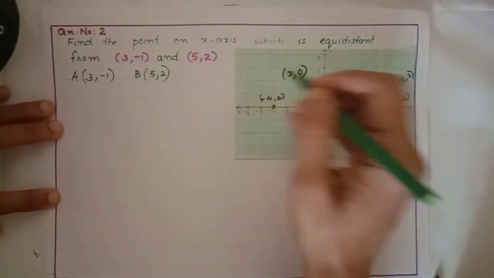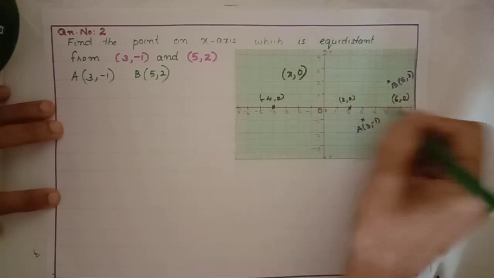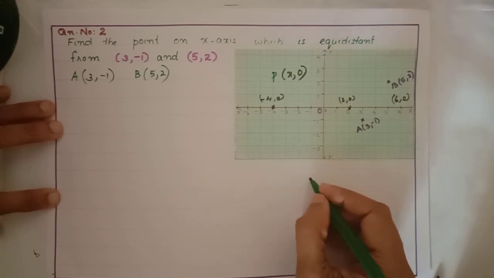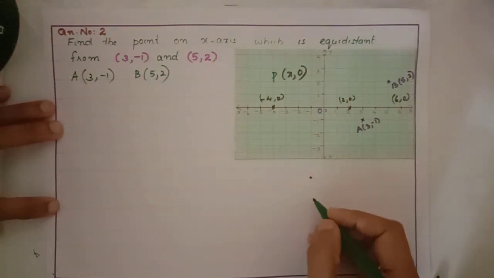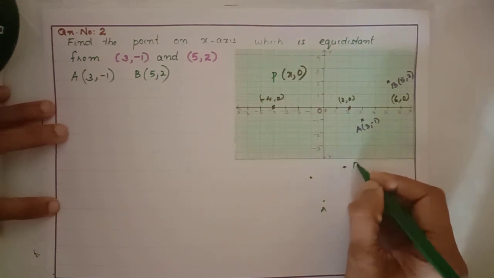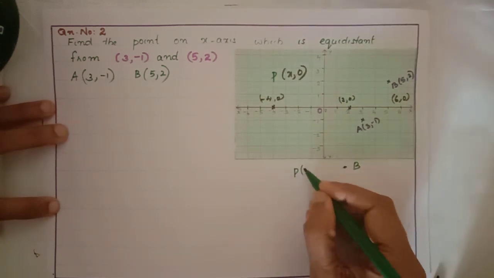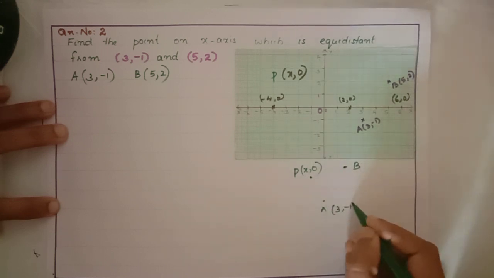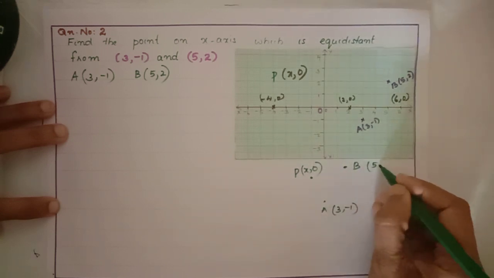And we have taken the point on the x-axis as P, (x, 0). So P is here and here A and here B. Okay. So P we have taken as (x, 0). Here A (3, -1) and B (5, 2).